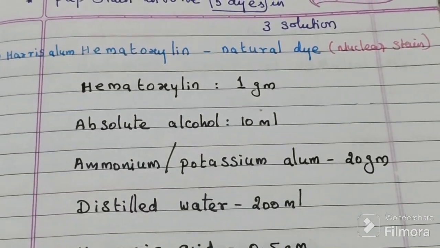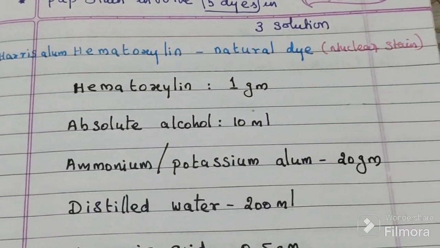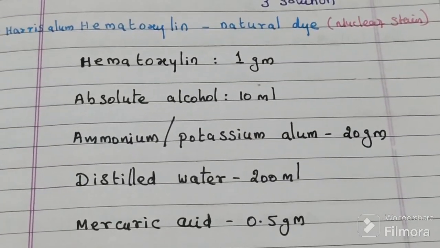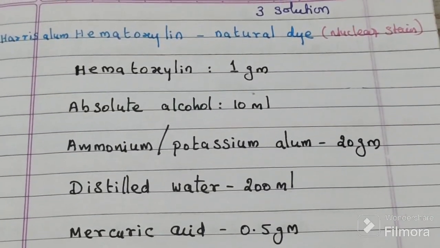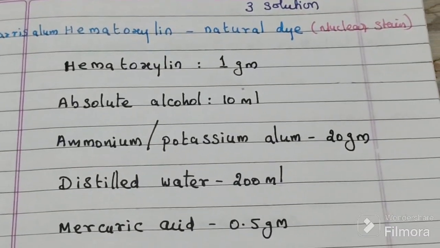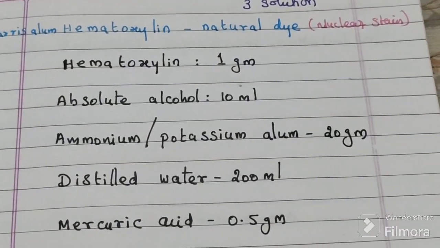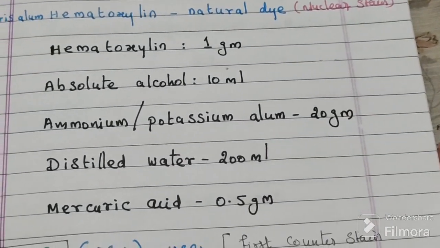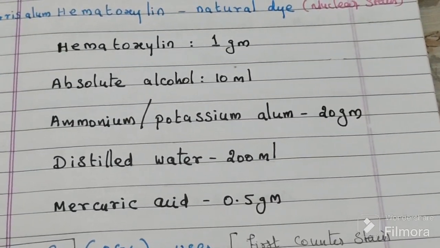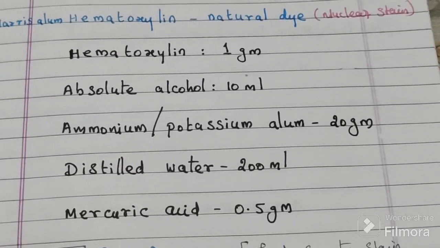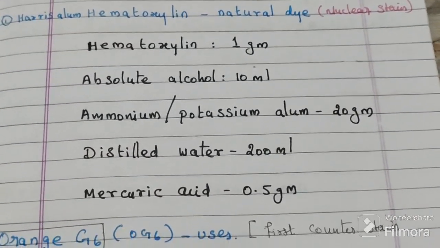It is a natural dye used for nuclear staining. It contains hematoxylin 1 gram, alcohol 10 ml, ammonium or potassium alum 20 gram, distilled water 200 ml, and mercuric oxide 0.5 gram.